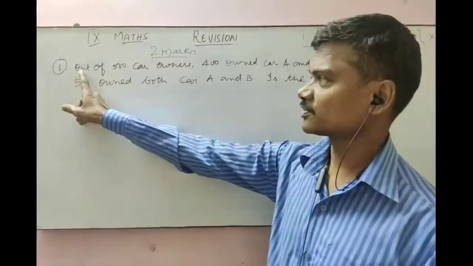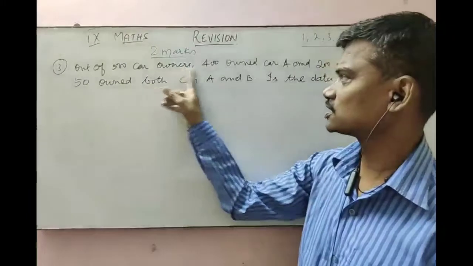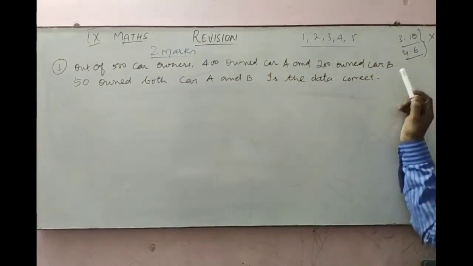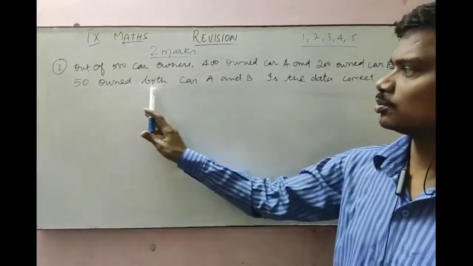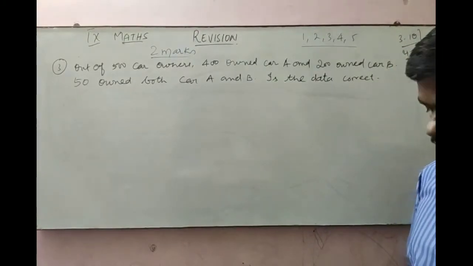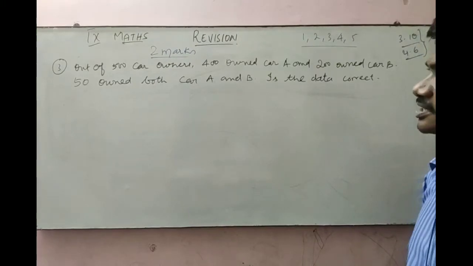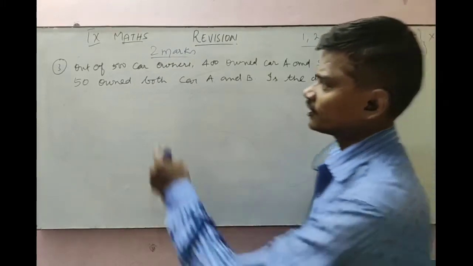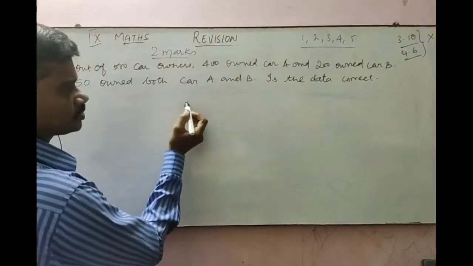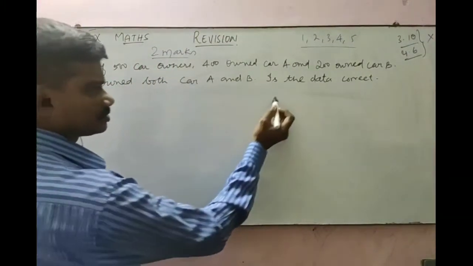Next, in the third sum: out of 500 car owners, 400 owned car A and 200 owned car B. 50 owned both car A and B. Is the data correct? You have to check whether the given data is correct or not. Out of 500 car owners, you can do the sum in 2 ways.